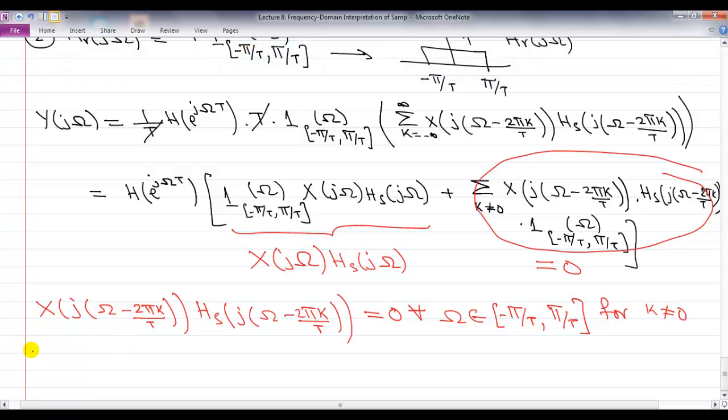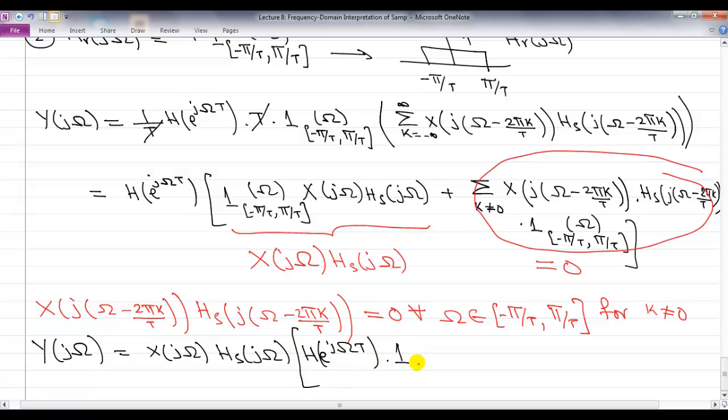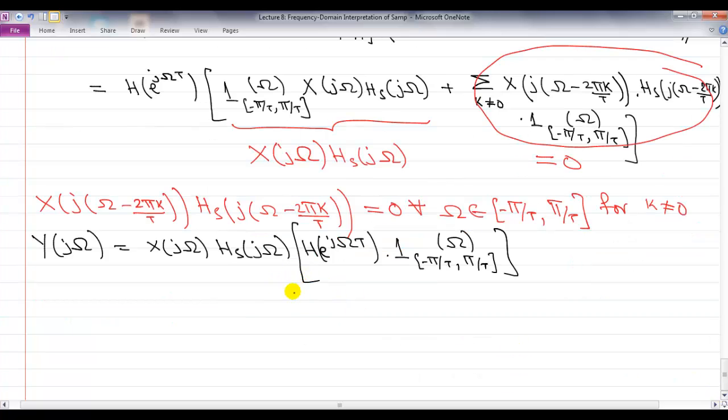So what we get is that Y(j omega) is simply equal to X(j omega) Hs(j omega) times H of e to the j omega T and the indicator function from minus pi by T to pi by T of omega. Now this thing, I'm going to call it H effective of j omega.